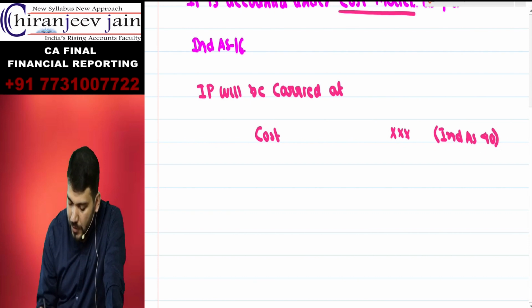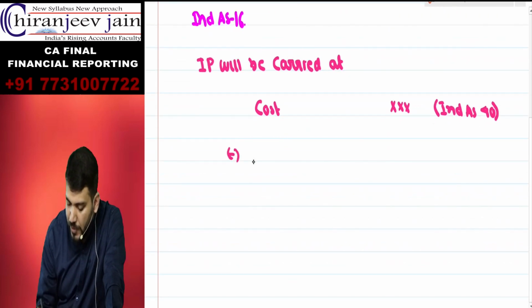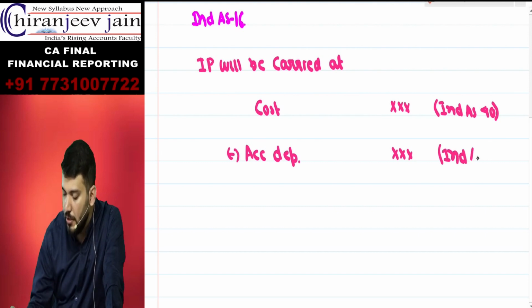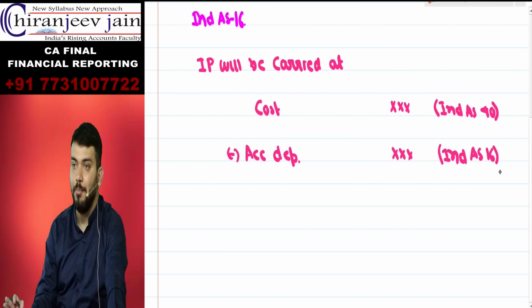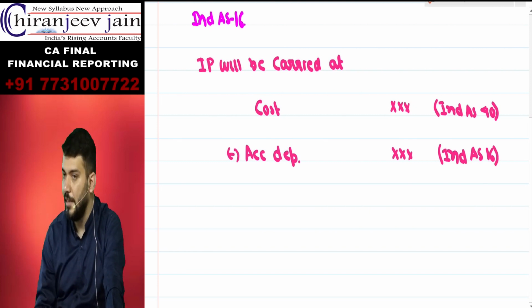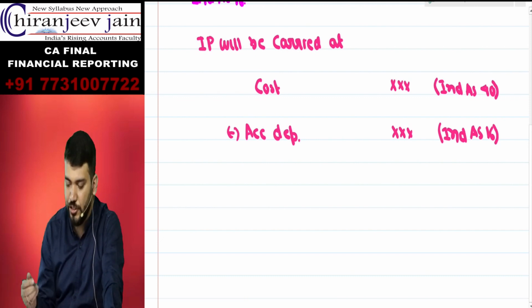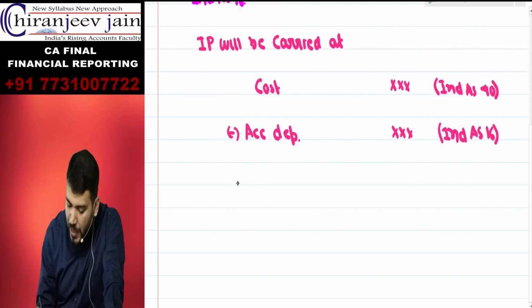Correct? Less accumulated depreciation. When I say accumulated depreciation, it will be calculated as per Ind AS 16. Nothing has been given here about how to calculate depreciation. We need to go to Ind AS 16. Already we have discussed depreciation. Then minus accumulated impairment loss.